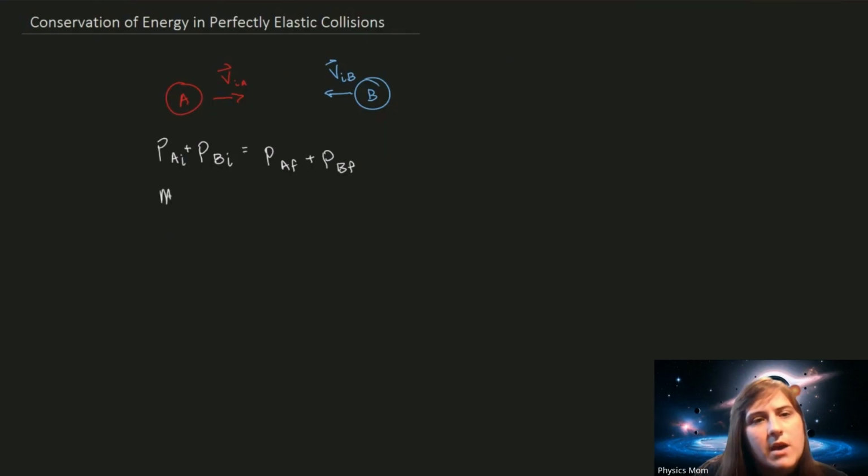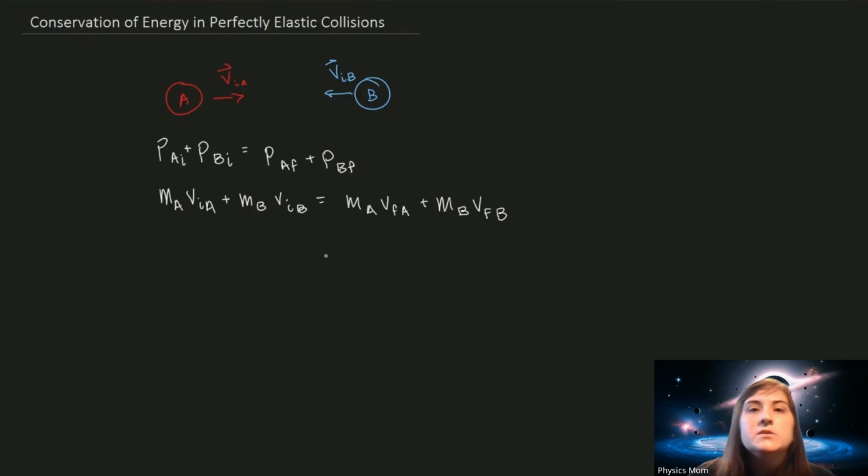The mass of A, the initial velocity of A, plus the mass of B, the initial velocity of B, is going to equal the mass of A, the final velocity of A, plus the mass of B, the final velocity of B.